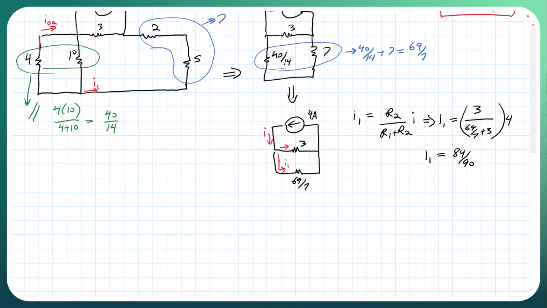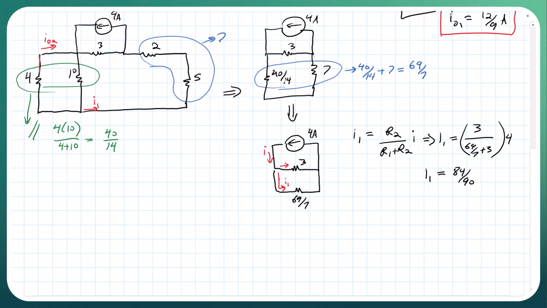But what we want is, so this gives me I1, which is this guy, but what we really want is I sub naught 2. Okay, so then we can come back to this portion here, and then we can further simplify this equation.